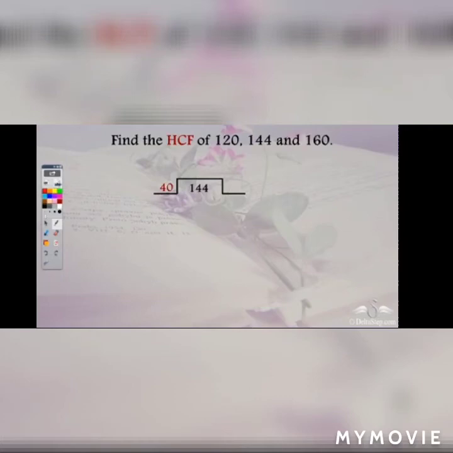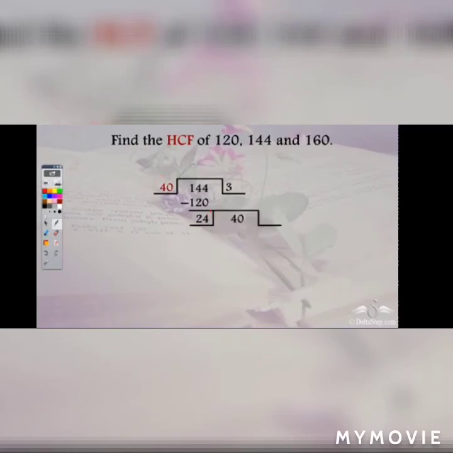Let us see. So 144 is divided by 40. How many times does 40 go into 144? 3 times. So 120, and I subtract it to get the remainder 24. This is what we have. Now this 24 is the remainder. So this remainder will divide the divisor of the last step.